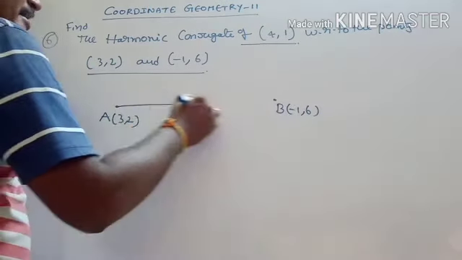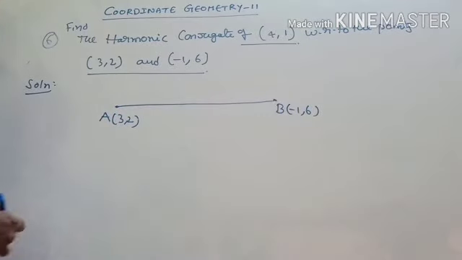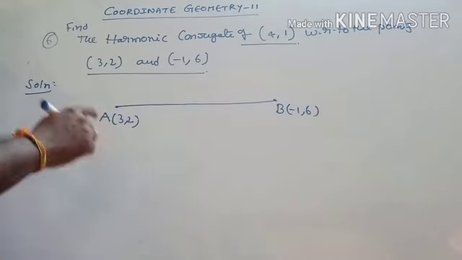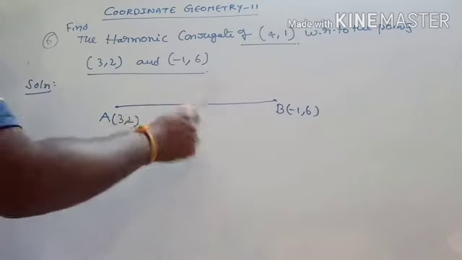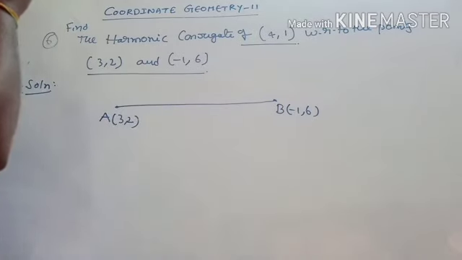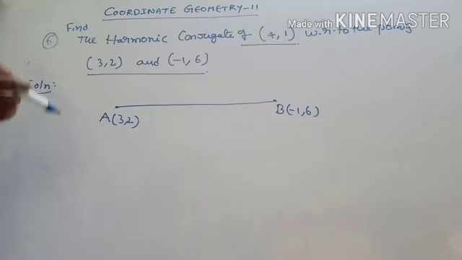This is AB. Now we told that if P is the harmonic conjugate of Q, then P and Q will divide the line joining AB internally and externally in the same ratio, right?